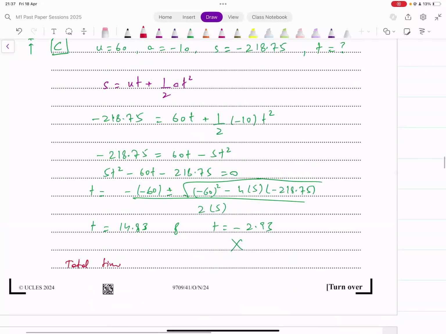The total time turns out to be 3.5 plus 14.93, and that gives us 18.4 seconds. That's the final result that we get.